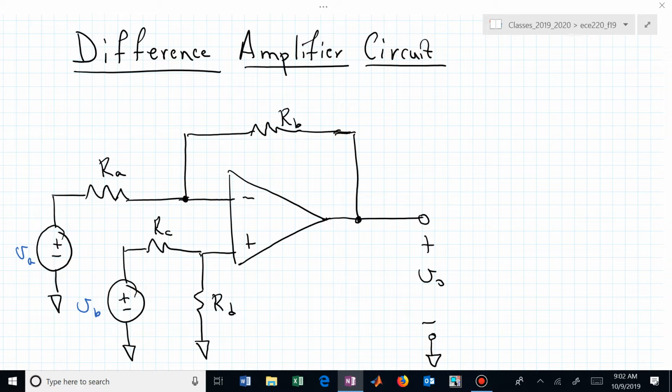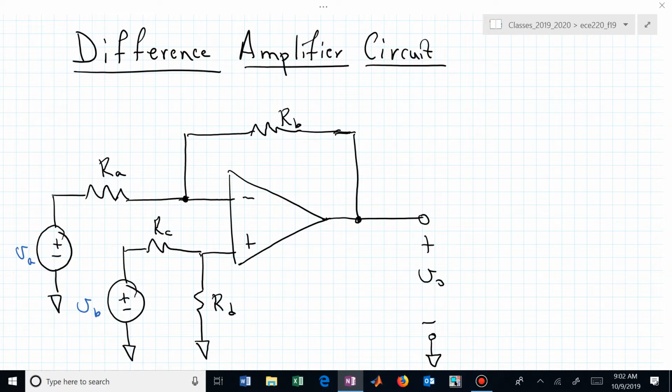Here's what we want to dive into today, the difference amplifier. Now you can see that we have signals or sources applied through resistors to both the inverting input pin and the non-inverting input pin of our op-amp circuit.